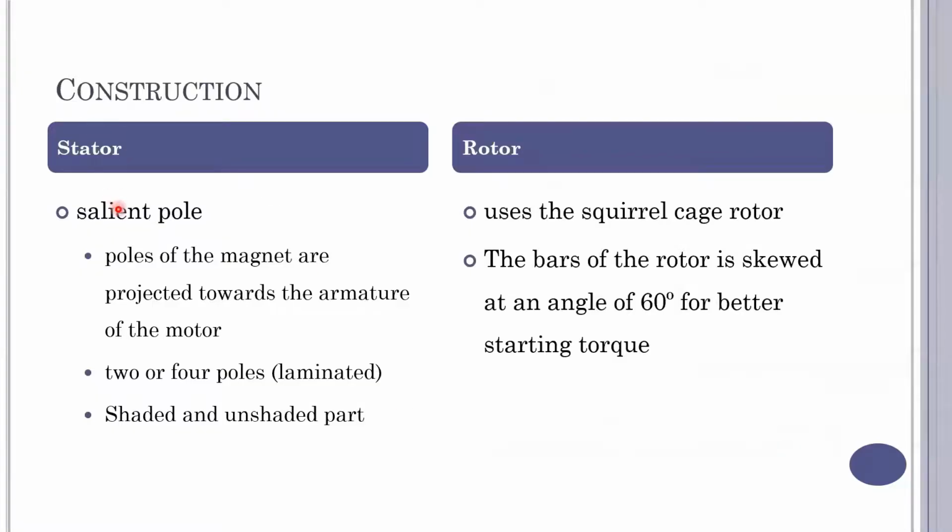Over to the construction, we have salient poles, and the poles are projected towards the armature of the motor. So we could have a two-pole structure or a four-pole structure, and in order to minimize the hysteresis loss, we use laminated poles.